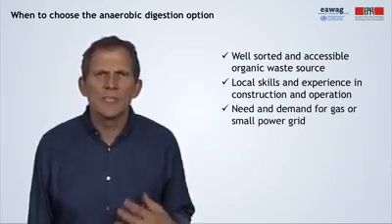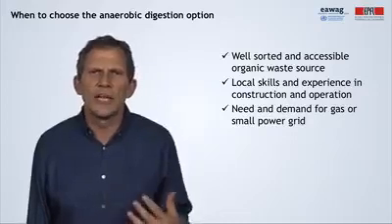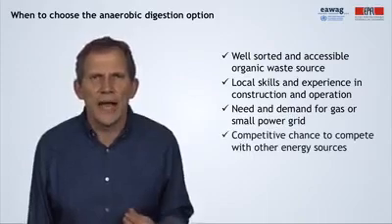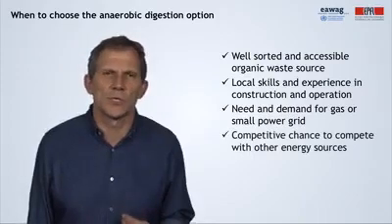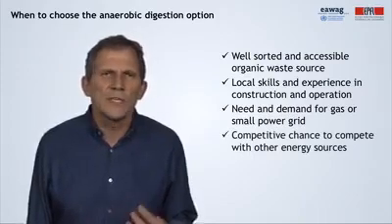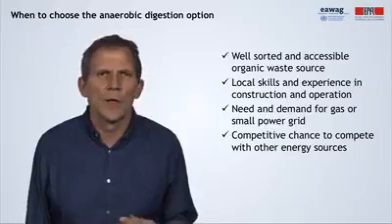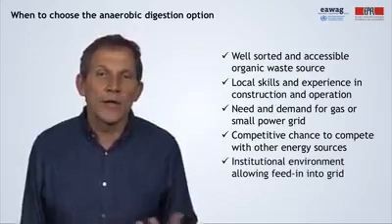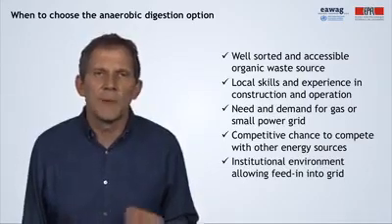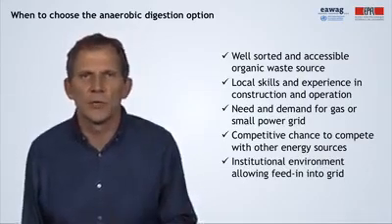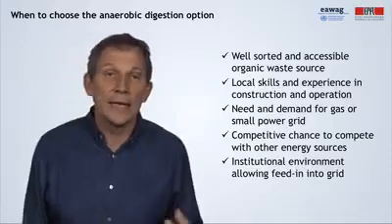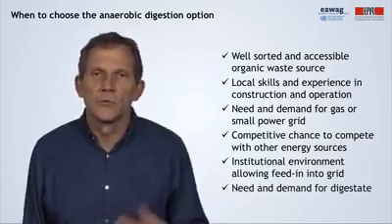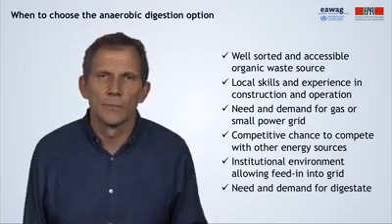Or we need to have a small power grid which we can feed into. We also need a competitive chance to compete with other energy sources. And this is an economic issue. Finally, we need an institutional environment allowing feed-in into the grid, especially if we're converting gas to electricity. And ideally, we need a demand for the digestate for reuse in agriculture.